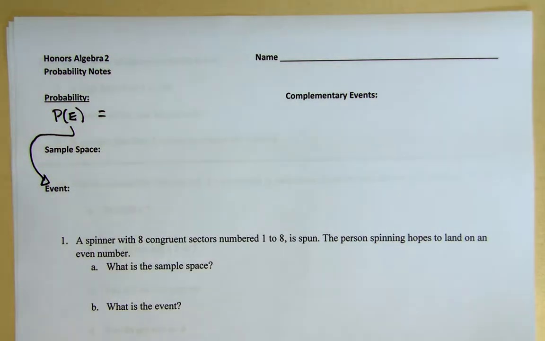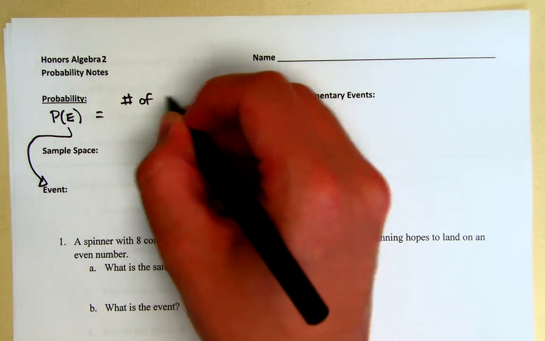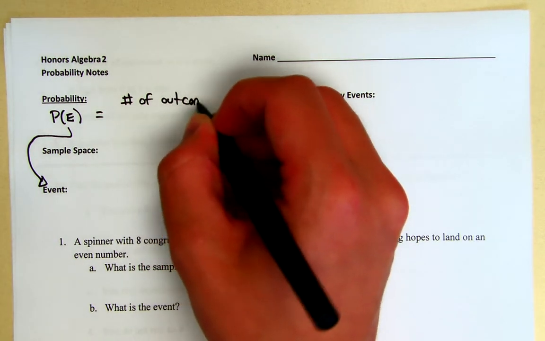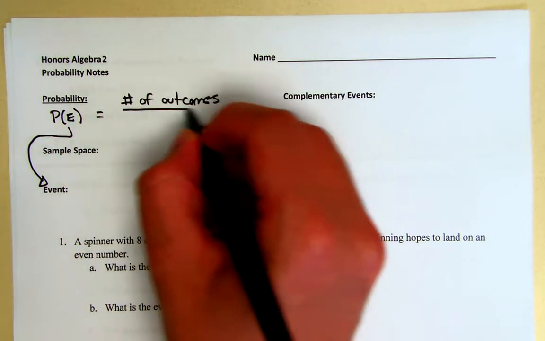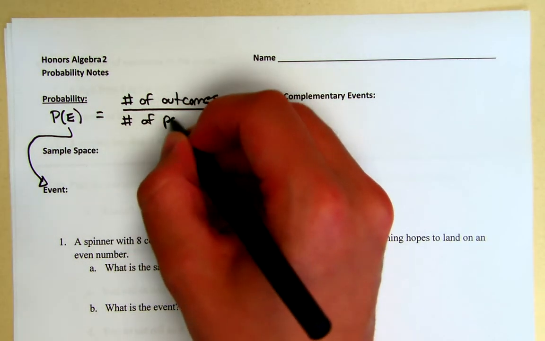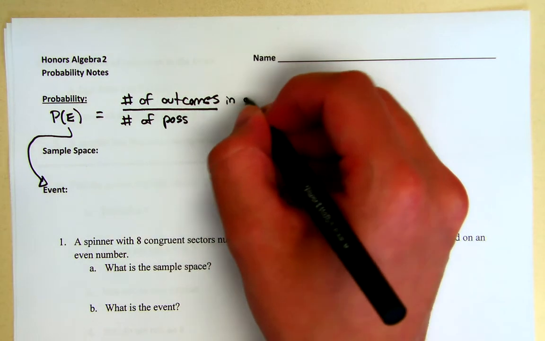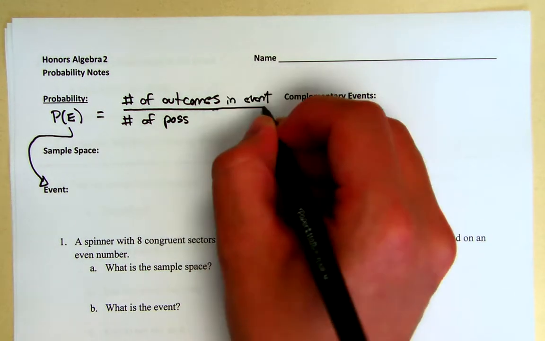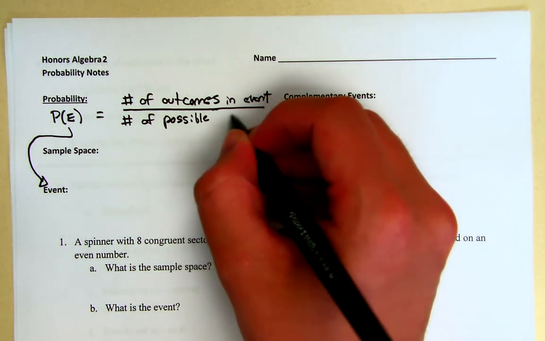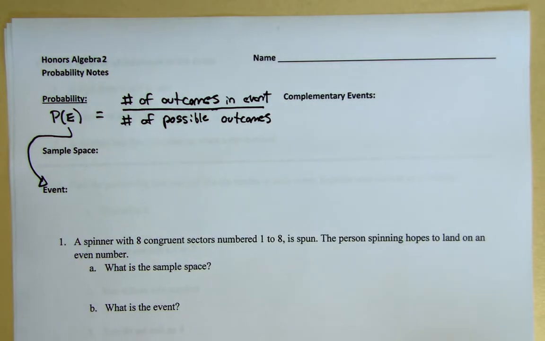Well, probability of an event happening is the number of outcomes divided by the number of possible outcomes. So let's talk about what an event is.